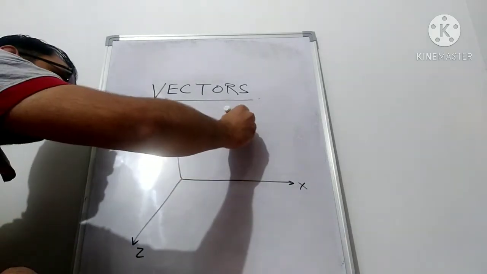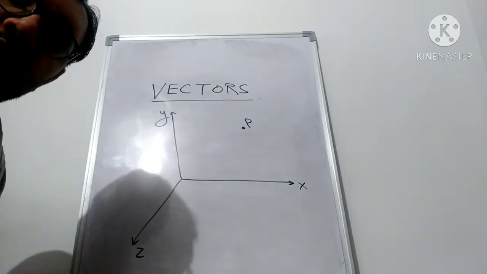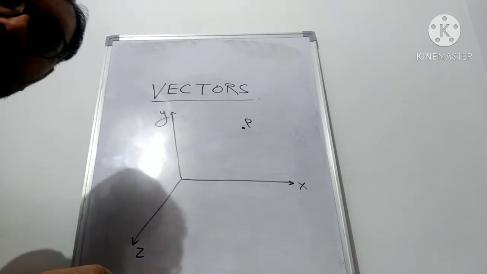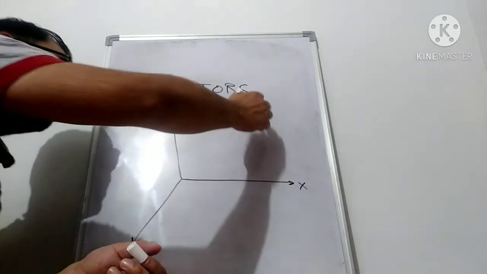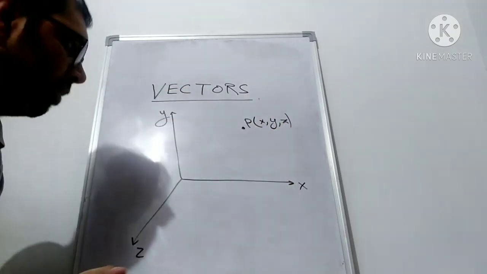So if I want to express point P using these 3 axes, which means if I want to write the coordinates of point P, suppose the coordinates of point P are x comma y comma z.